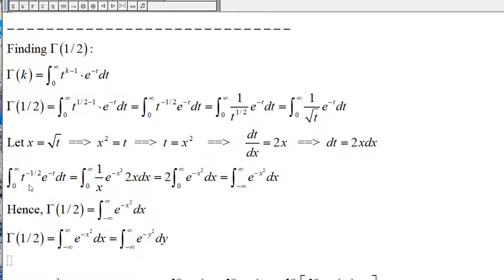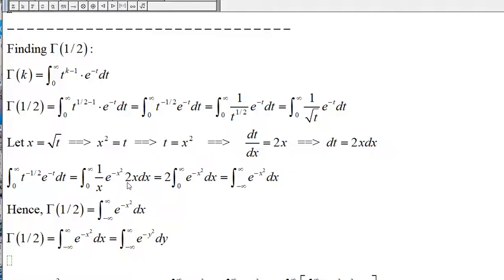And so this integral now becomes this: t to the negative 1/2, which is 1 over the square root of t, but the square root of t is x, so we get 1 over x. T is x squared, so e to the negative t will be e to the negative x squared. Dt is 2x dx.